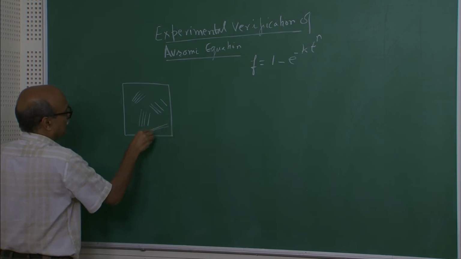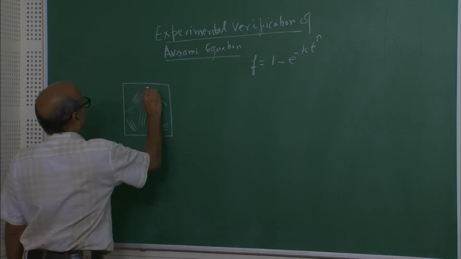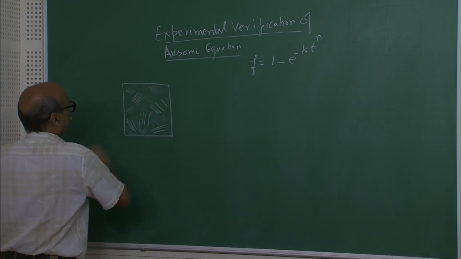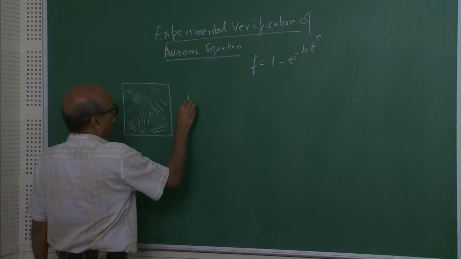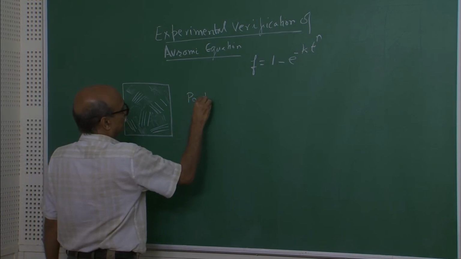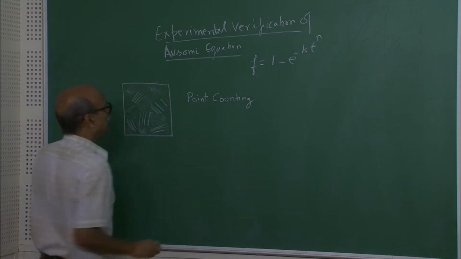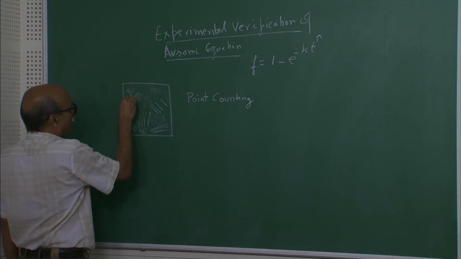So, I am just drawing a schematic sketch, and the rest is all martensite in this. We use a metallography technique called point counting. In this technique, one would place a grid of points.